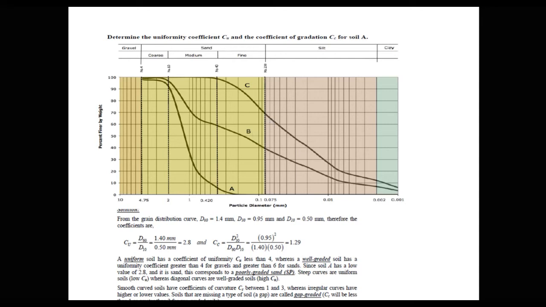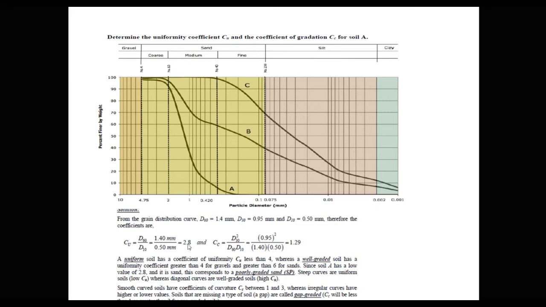Now, as I mentioned, when the Cu value is greater than 4 for gravels and greater than 6 for sands, and when the coefficient of gradation is between 1 and 3, then it is a well graded soil. If not, then it is a poorly graded soil.